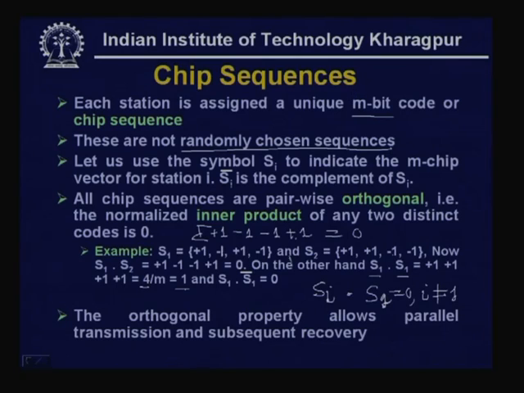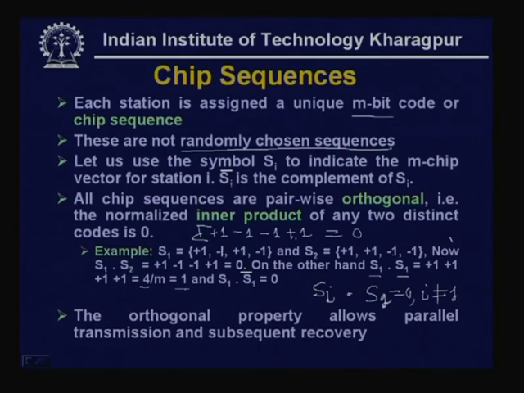Only then multiplexing and demultiplexing is possible. In other words, simultaneous transmission and subsequent recovery at the receiving end is possible only when this orthogonal property is satisfied.